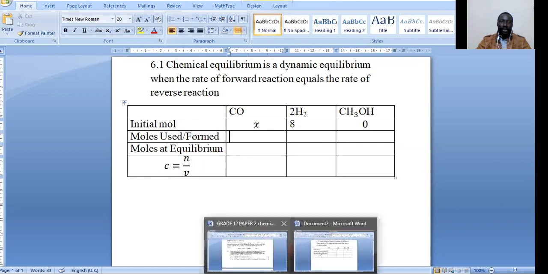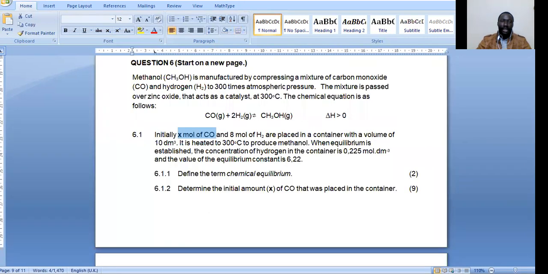We now have to get back to the question and read and see the type of information we can extract. Initially, the number of moles is given here, of hydrogen and carbon monoxide. But they have also given us the volume here. Since we have this piece of information, we can calculate the number of moles of hydrogen that was used.